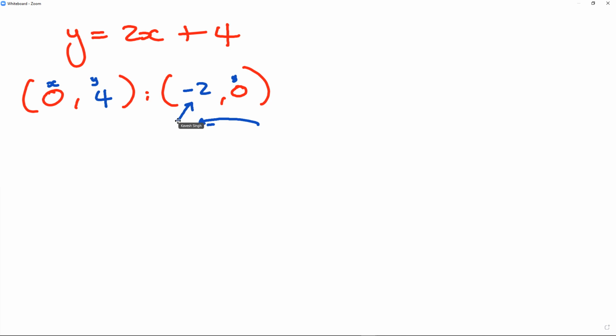Why don't you go ahead and try and plot it? Try and plot the graph. I'll give you a second. Draw your y-axis, draw your x-axis, and plot the 2 points and connect it with a ruler. On your page, I won't be able to see it, but when you're done, type done.